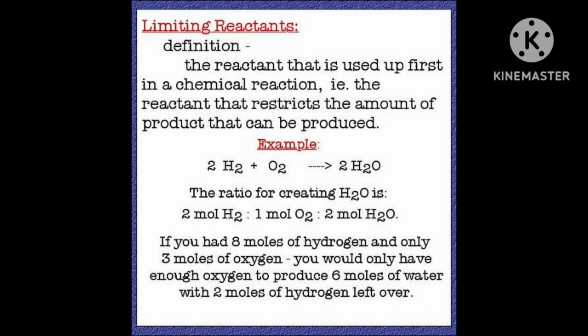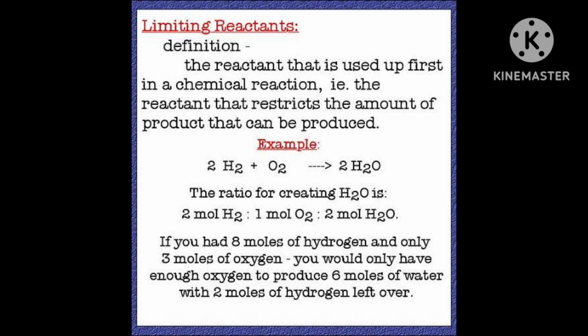In a reaction you might have seen that sometimes one reactant may be of more quantity, another may be a little less, and a third one may be very less, meaning the smallest. Then obviously that will react completely and it will give the full product.